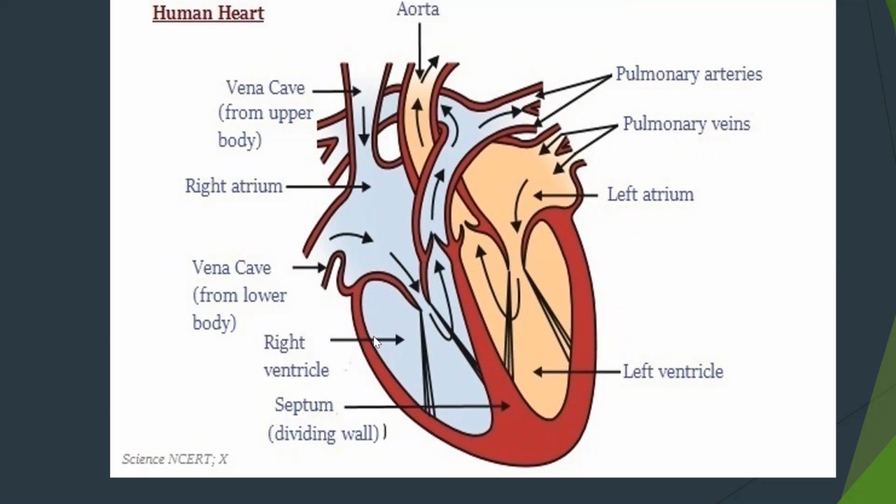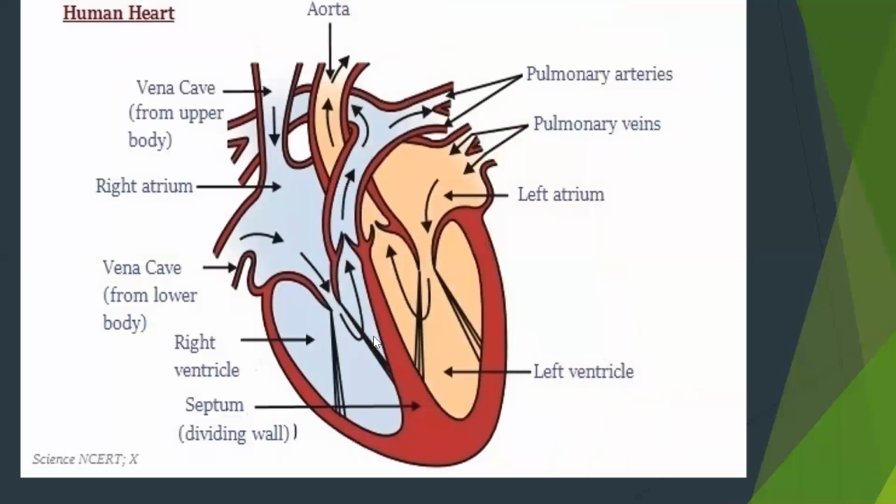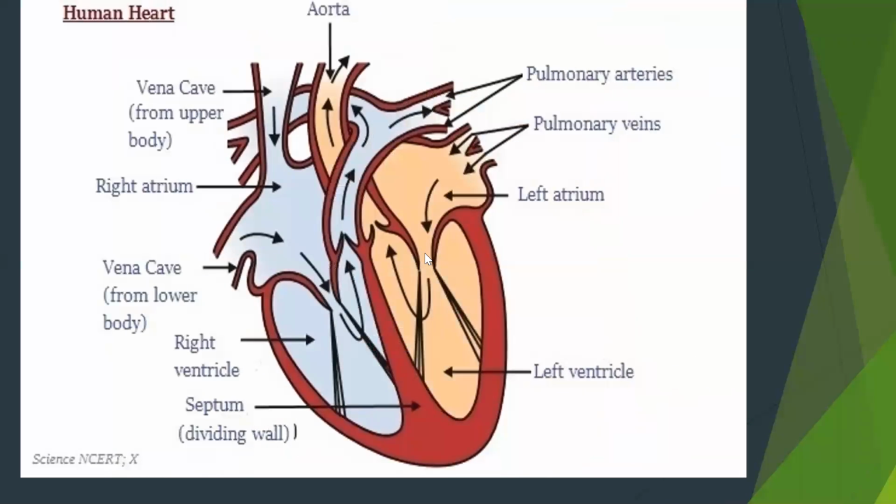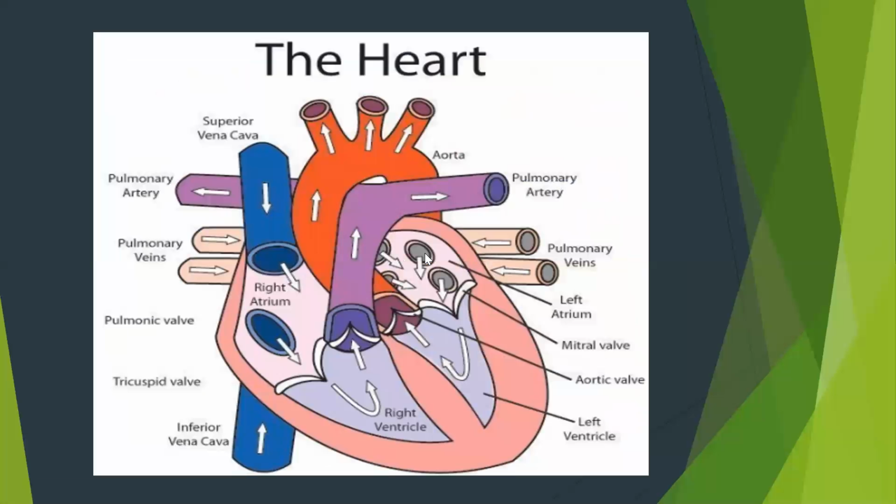simple, but I hope you understood what this is. You can check here. Here also you can check, guys. We have the tricuspid valve here, and we have the bicuspid, mitral valve here. Look here, this is the structure, but this structure is not that clear because it is three-dimensional.